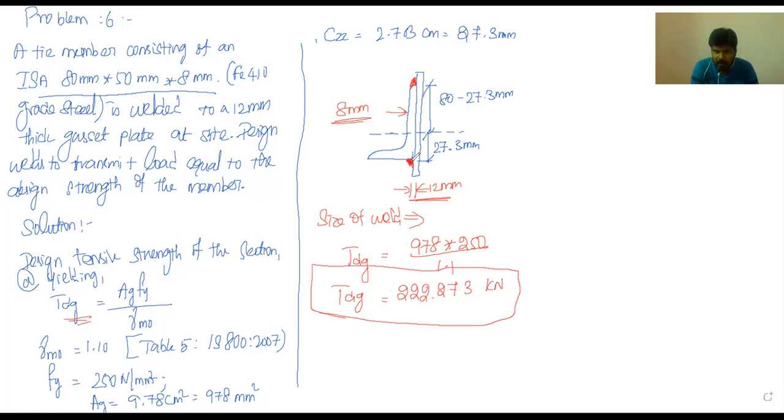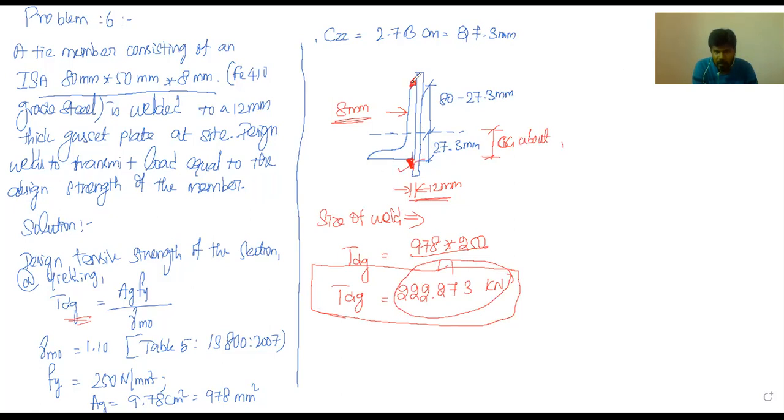Now I need the length of the weld at bottom as well as at top. With respect to the center of gravity of the section, the total force is carried by two welds, one at bottom and another at top. At bottom, how much load it is going to take, I have to find out.